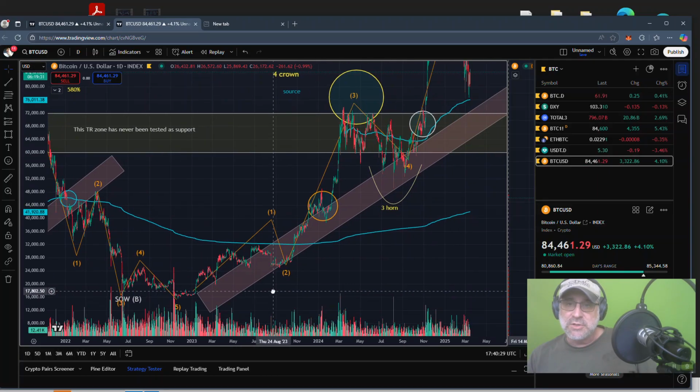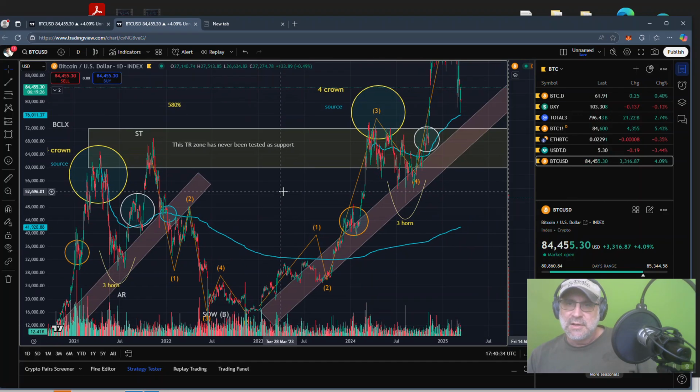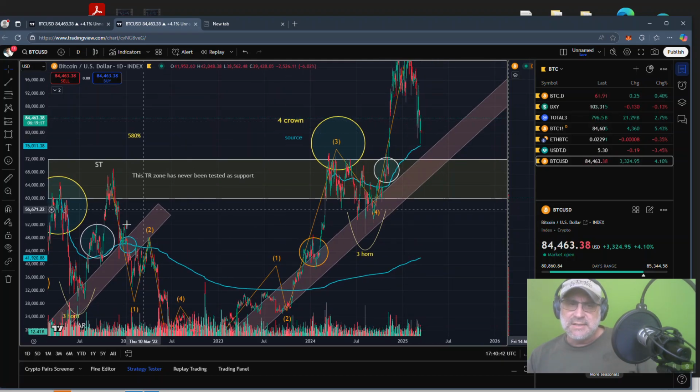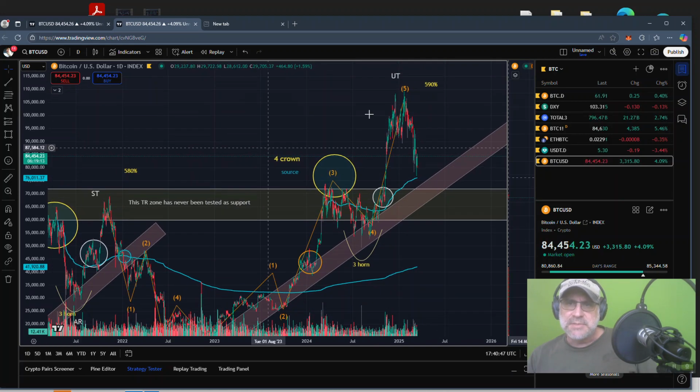So now look over to where we are today. We see, as we saw here, the anchored VWAP going under the first reaccumulation zone of this new cycle, and topping out with the double horn. Tops out with the double horn.